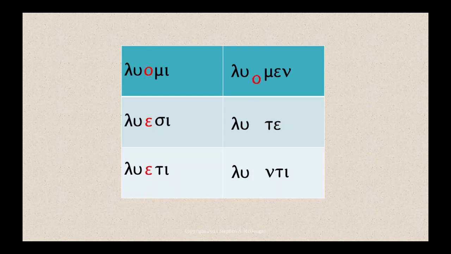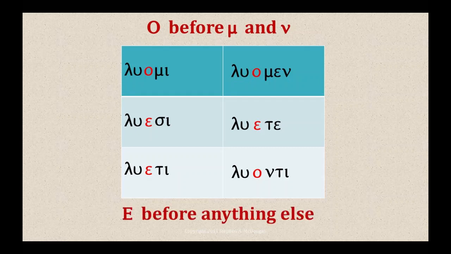But then we know that changes came as a result of that. Omicron before mu and nu, epsilon before anything else. I don't know if we have that in the notes that I've written down. Okay, I should double check, make sure. I don't remember seeing that.